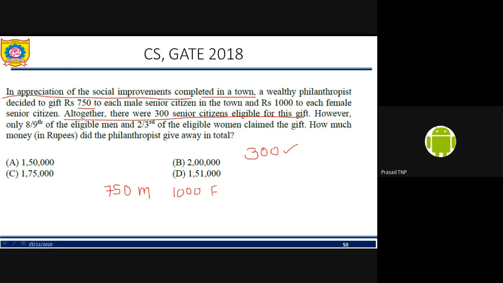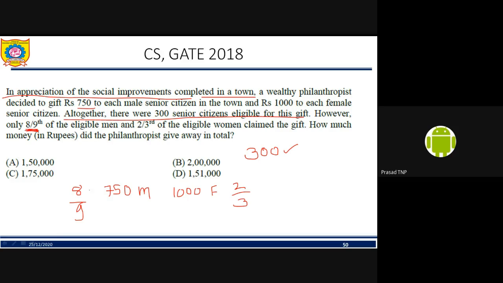However, only 8 by 9th of the eligible men. So how many men attended? 8 by 9. And 2/3. So how many female? 2/3 of the eligible women claimed the gift. How much money did the philanthropist give away in total?